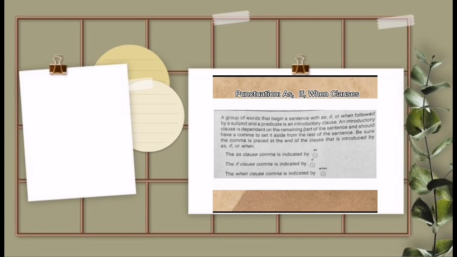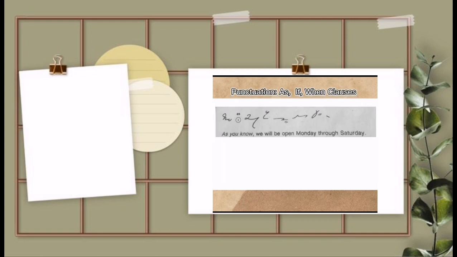As, if, and when clauses. A group of words that begin a sentence with as, if, or when, followed by a subject and a predicate, is an introductory clause. An introductory clause is dependent on the remaining part of the sentence and should have a comma to set it aside from the rest of the sentence. Be sure the comma is placed at the end of the clause that is introduced by as, if, or when. For instance, as you know, we will be open Monday through Saturday.